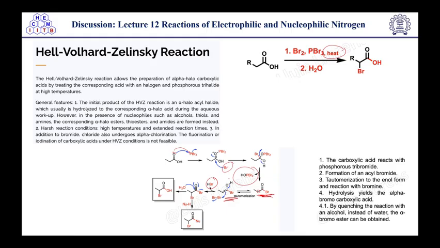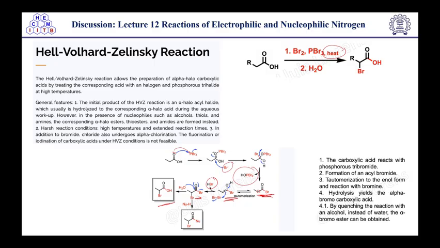After this, hydrolysis will take place, which will give the bromo carboxylic acid. So we get this one as the intermediate. Then in hydrolysis, the water will attack on the carbonyl center and it will open. After that, it will push back and bromine will knock out to give the alpha-halo carboxylic acid.